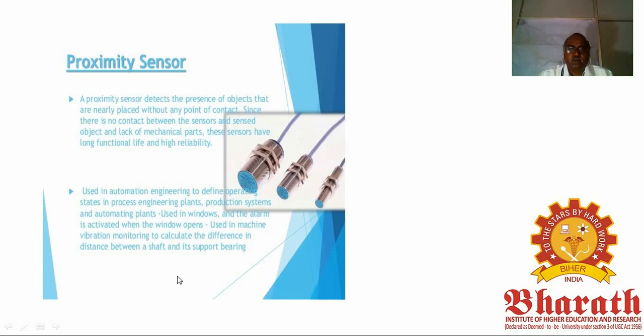They are also employed in the windows and in a vehicle. They are employed to alarm when you are very close to another vehicle, which may cause a fatal injury or damage to the vehicle. These proximity sensors are also used for the measurement of vibration.